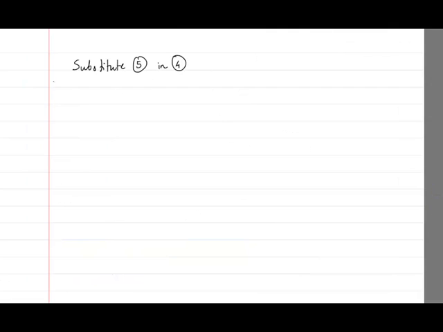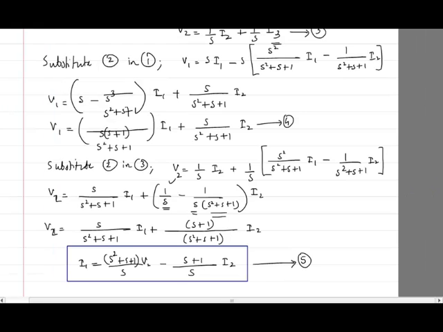It is V1 is equal to S into S plus 1 divided by S square plus S plus 1 into I1. Now what is it that I have found out of I1?